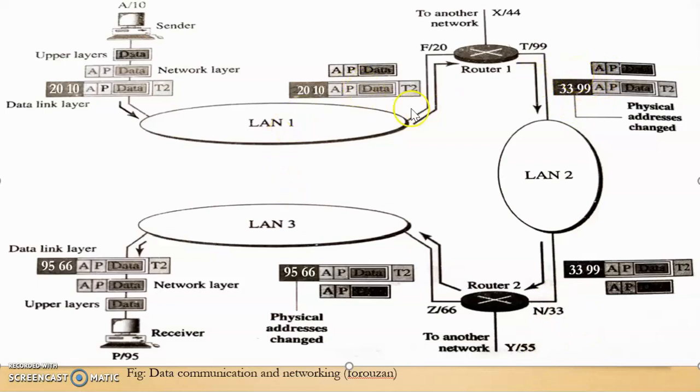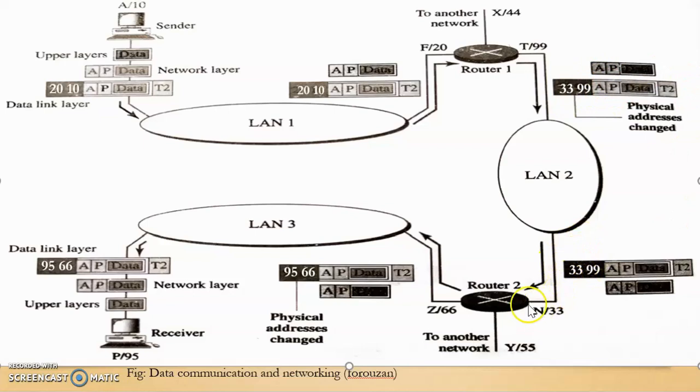That is, if we compare both these frames, your source address was 10, destination was 20. Now source address is 99, that is of this connection, and destination is 33, that is of this router. So we can say that the MAC addresses are changing from hop to hop, whereas the logical address or the IP addresses are the same.